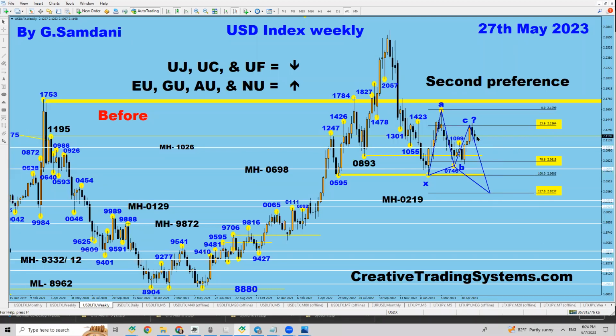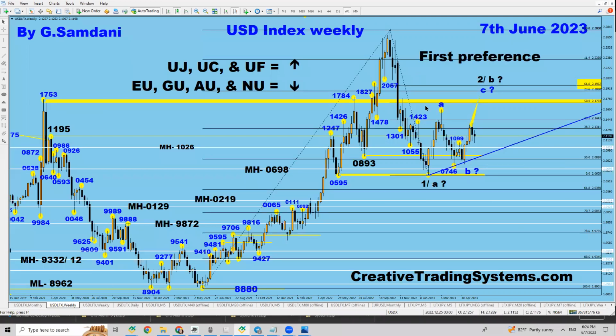But if not, then my first scenario is still there, that we should go up, and then it's a clear count, very, very clear, A, B, and then we're supposed to go up here, C, 23% line or 61% or this high, 1753, and then from there we will come down for C. So here, it's indecisive, very unsure what to be doing, right? So need to be very careful.